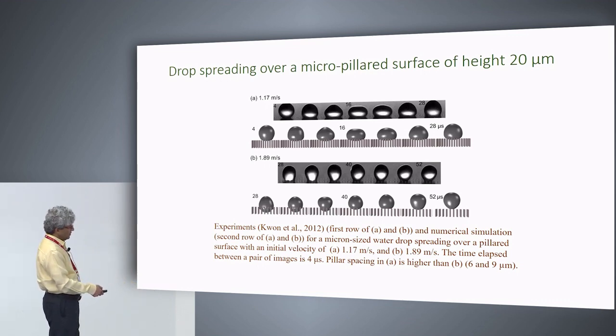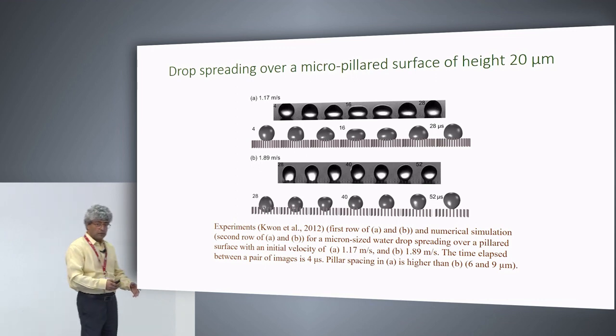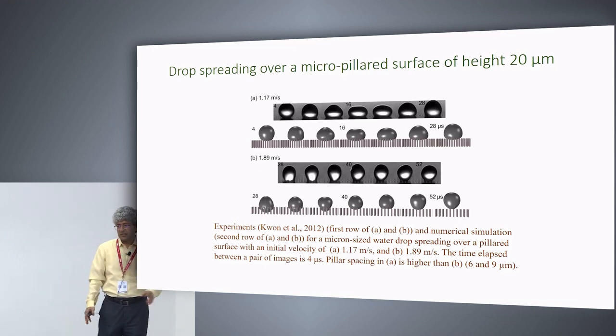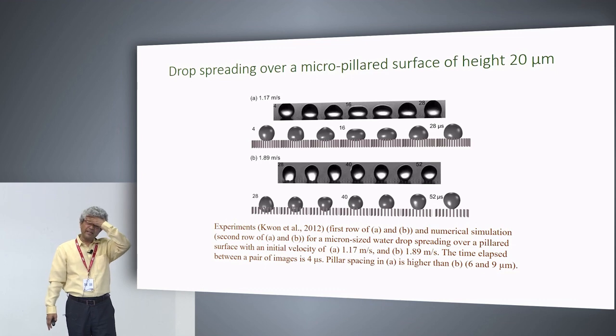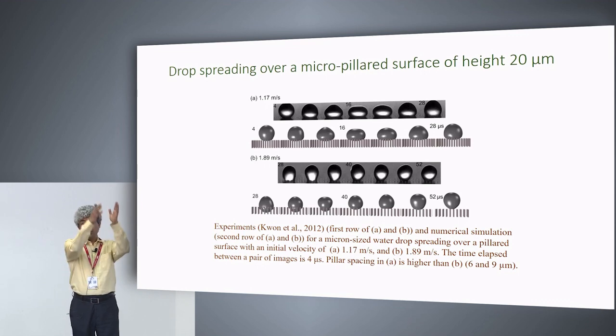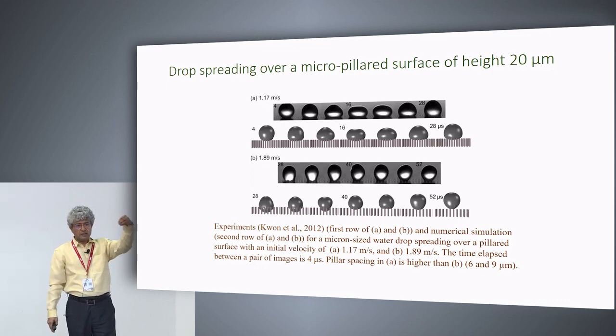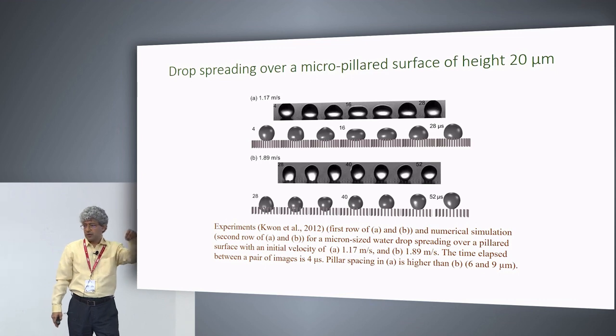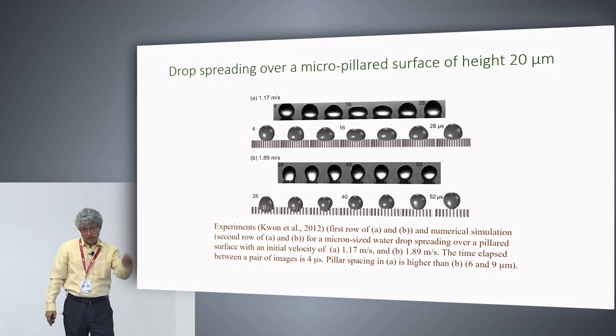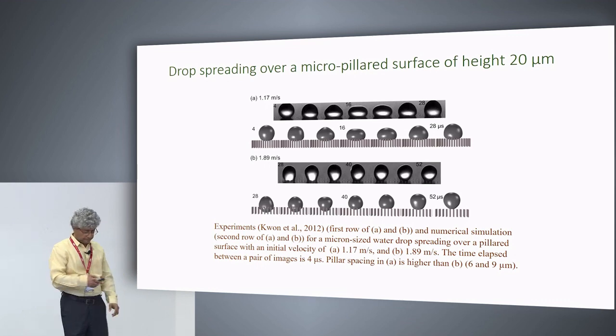So you can see here that pillar spacing has gone up. One of the results that even the equilibrium analysis shows is as pillars become tall relative to the pitch, that means deep pillars will encourage Cassie-Baxter, because then the liquid cannot fully infuse into the interpillar gap.